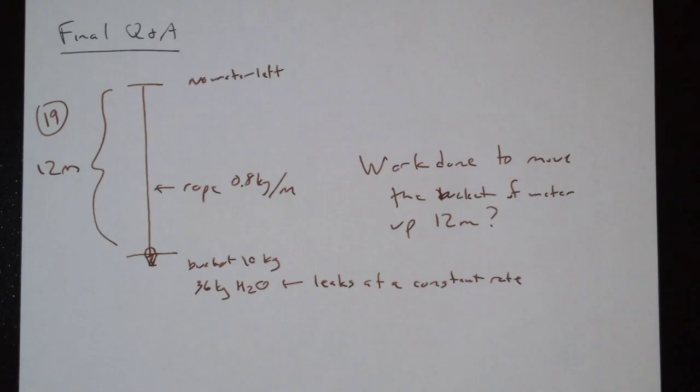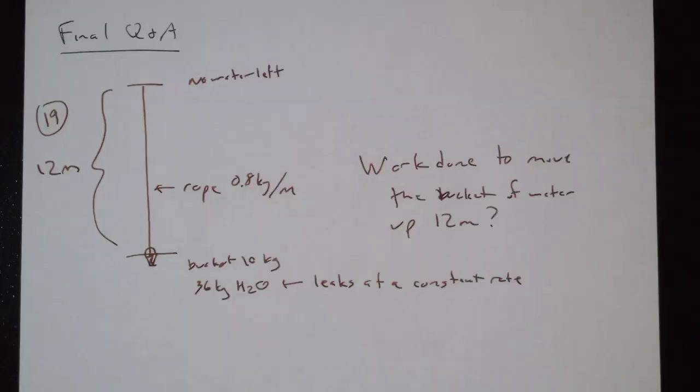I really need to think of this, in my opinion, in several different pieces. I'm going to move the bucket, that 10 kilograms, from the bottom to the top. Each piece of the rope may travel a different distance, right?